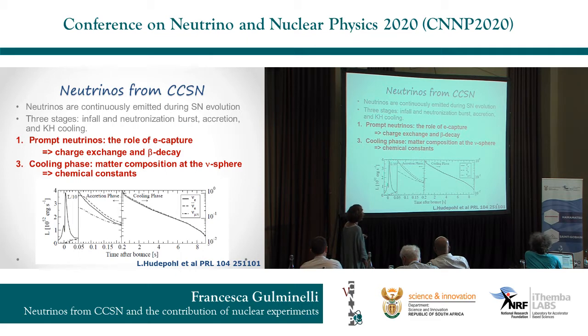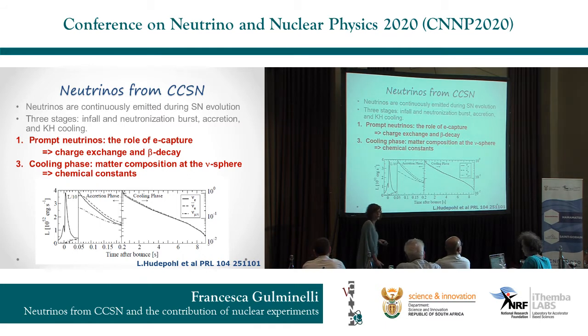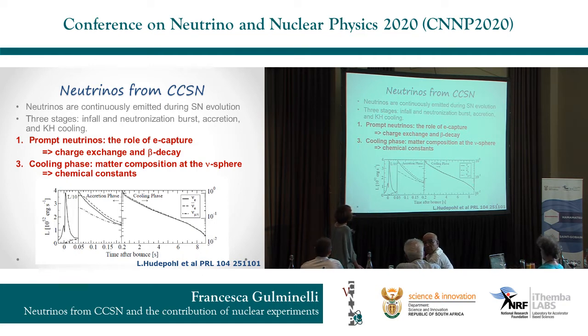A first stage which corresponds to the infall phase and the first neutronization burst, and then the long accretion phase, where the neutrinos push the shock wave and cause the explosion, and then the longest phase, which is the cooling phase of the proto-neutron star. And in this talk, I'm going to be interested only in two out of these three phases.